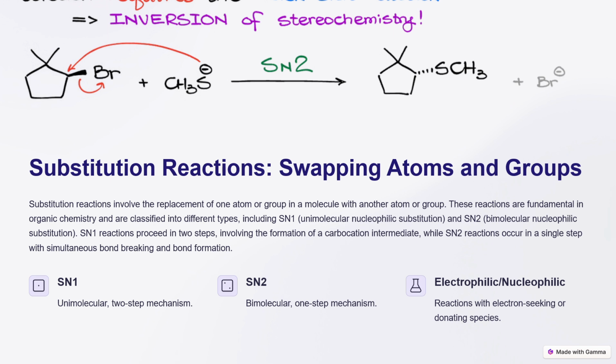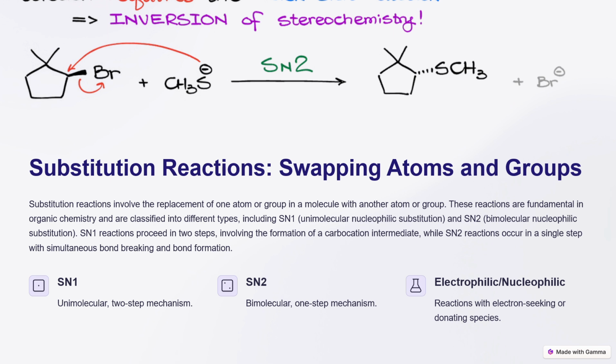These reactions are fundamental in organic chemistry and are classified into two different types, including SN1, or the unimolecular nucleophilic substitution, and SN2, or the bimolecular nucleophilic substitution. The SN1 reaction proceeds in two steps involving the formation of a carbocation intermediate, while the SN2 reaction occurs in a single step with simultaneous bond breaking and bond formation.